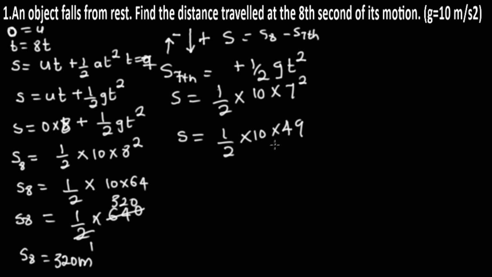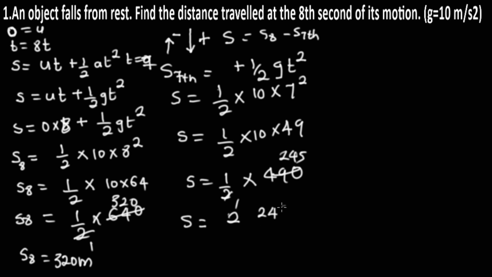So 49 times 10 is going to give us 490. So s equals to half times 490, 490 divided by 2. Let's say that s is equals to 245 meter. So we have gotten s7.